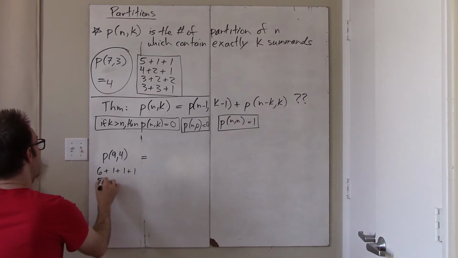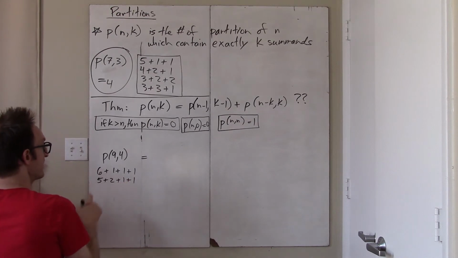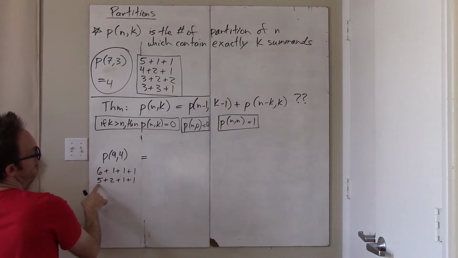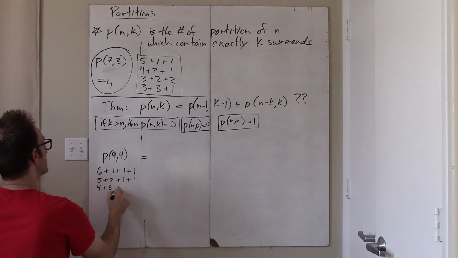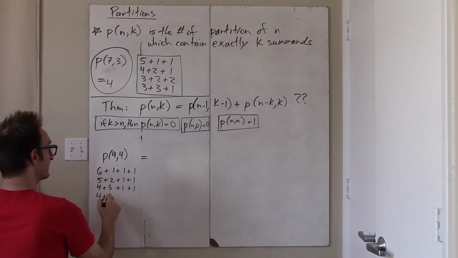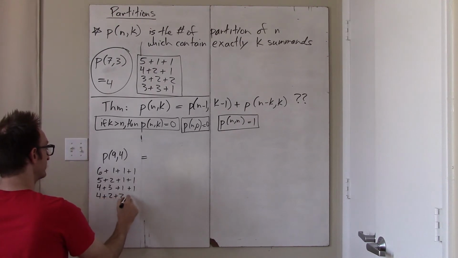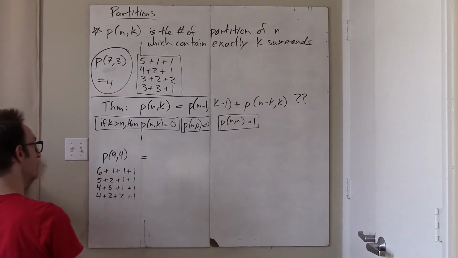Then there's 5 plus 2 plus 1 plus 1. Then, if this pile loses a puppy, that would be 4 plus 3 plus 1 plus 1, or alternatively 4 plus 2 plus 2 plus 1.